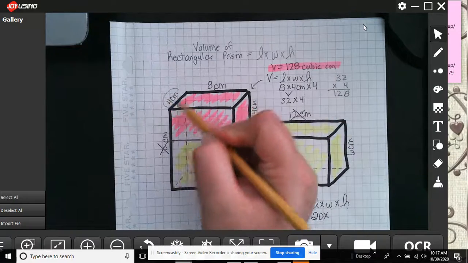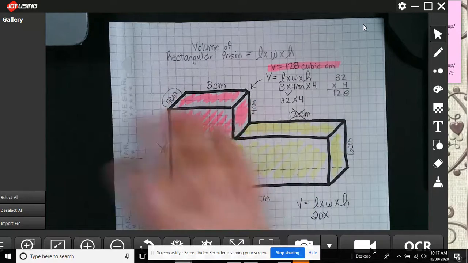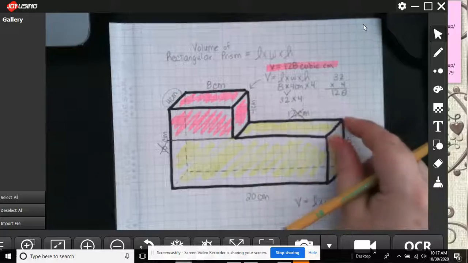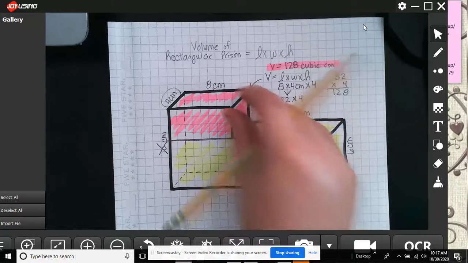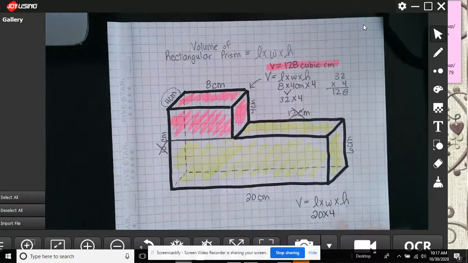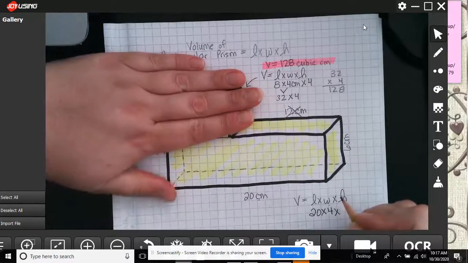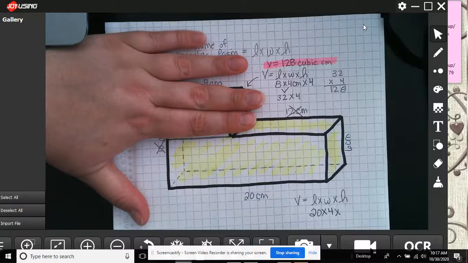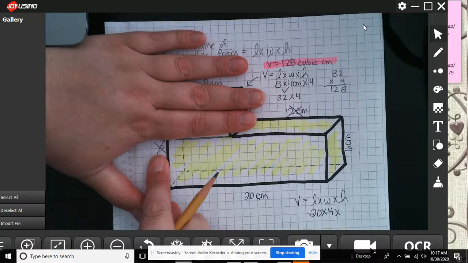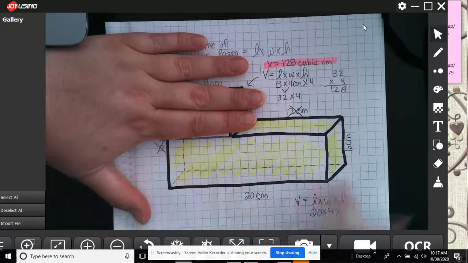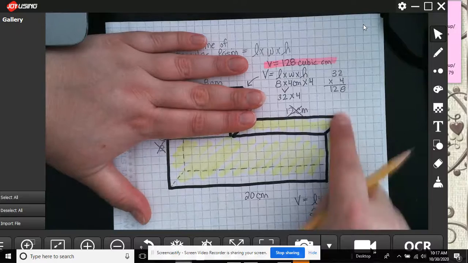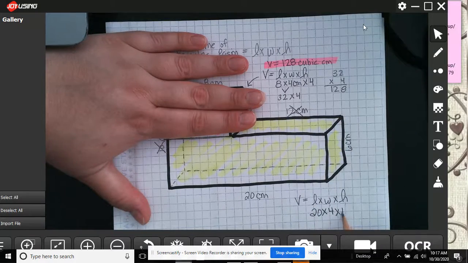And this 4 centimeters here is the width for the entire figure. So that diagonal is going to be 4 centimeters all the way through. So I'm going to use 4 for my width. And then I need my height for this section down here. Well, we already crossed out the 10 because we split it, so I don't even have to worry about that 10. And my 6 clearly is the height for this yellow figure.